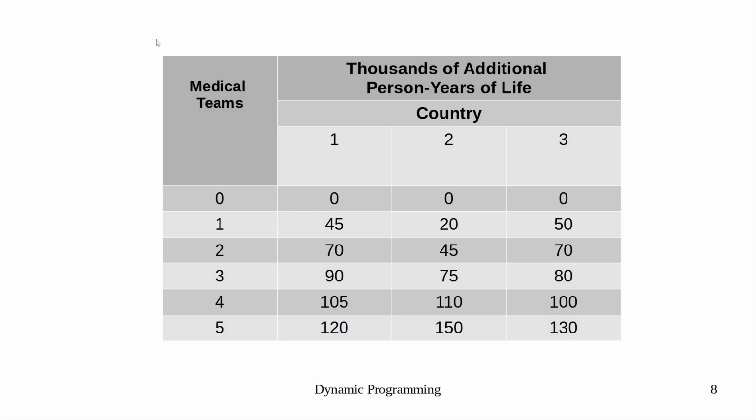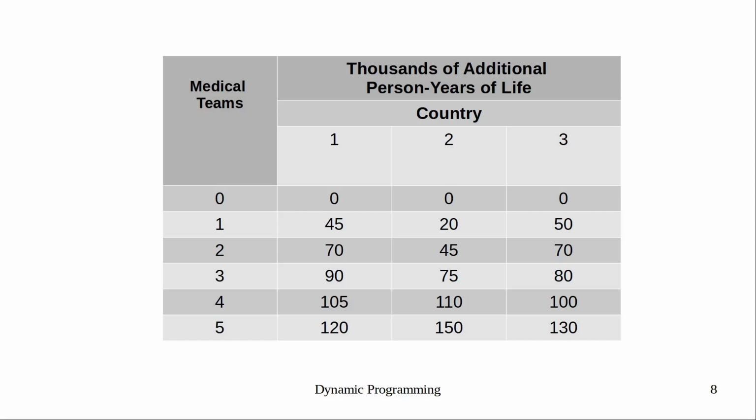Now, how do we solve this problem and what is common between this problem and the stagecoach problem? At the outset, if you look at this table, nothing seems to be common. But let us slowly understand it. We need to start from country number 1 and allocate teams to country number 1. We obviously cannot allocate all the 5 teams to country number 1 because for country number 2 and country number 3 also we need to allocate teams.